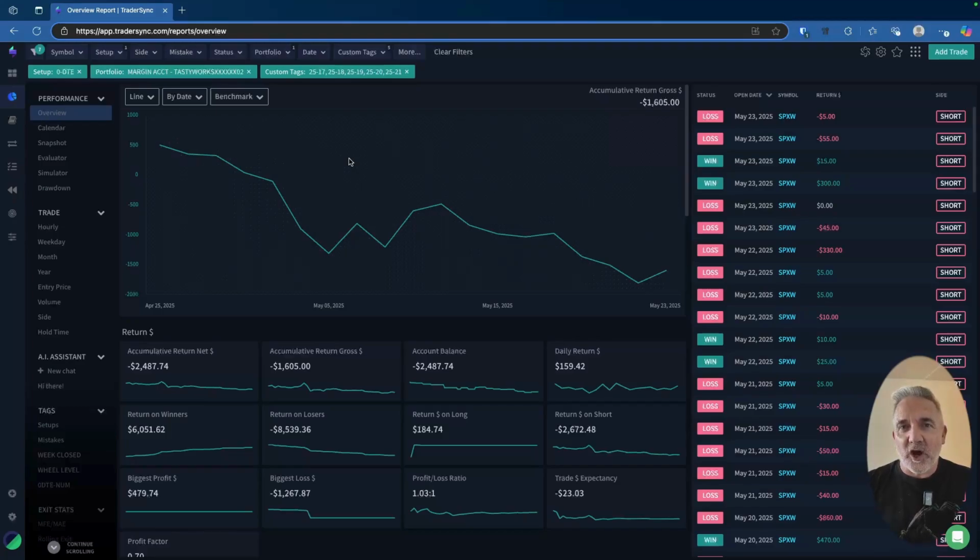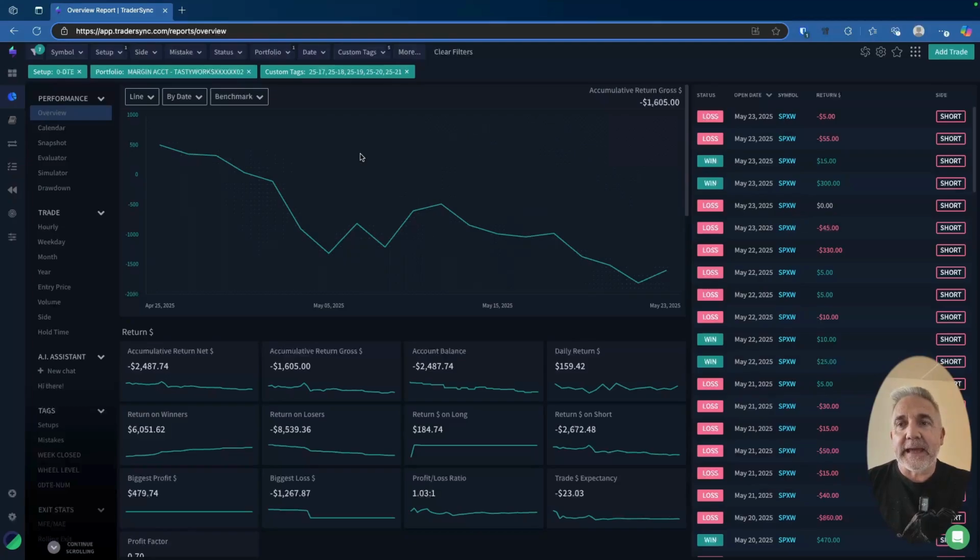And once I feel confident that I have that confirmation, then I'll start building up my position sizes. Right now, all I'm doing is one contract per trade, which is pretty small. And there's another drawback: on a percentage basis, the commissions and fees are eating up a lot more of my profits than they would if I was trading more contracts.